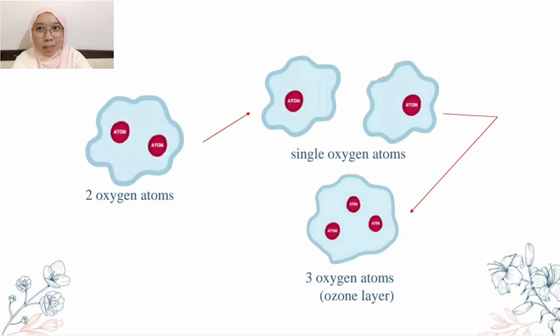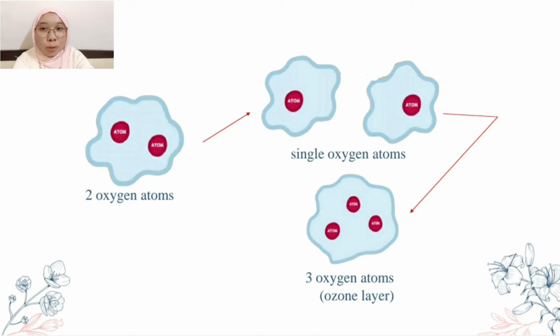Okay, this is a better picture that can help you understand how the ozone layer was made. As you can see, there is an oxygen molecule with 2 atoms, O2. Then it splits into 2, leaving only 1 oxygen atom each. This single oxygen atom mixes with another oxygen molecule with 2 atoms, and then they form 3 oxygen atoms altogether.